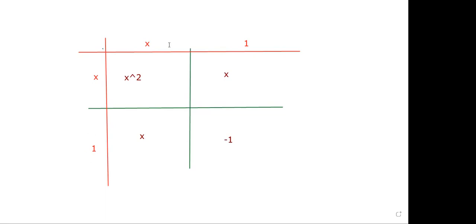So without loss of generality, if we take the top one as -1, then here you will get -x, because this thing will be negative and this is positive.